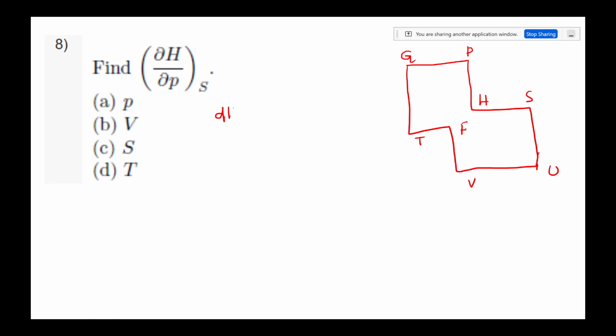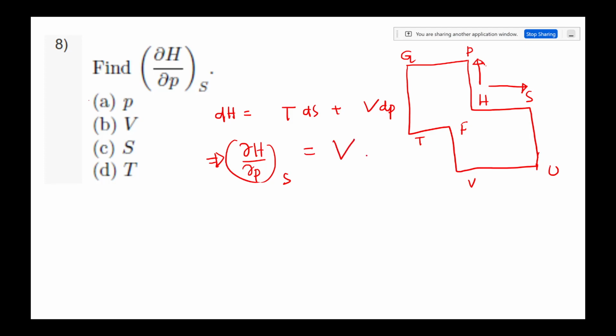So dH can be written in terms of dS. This is in right hand direction, so this will be positive. This is in upward direction, these two will be positive, plus then plus dP. What is the canonical variable of S? This is T. Canonical variable of P, this is V. So if that is the case, then del H del P keeping S fixed will give you V. So V is the correct answer.